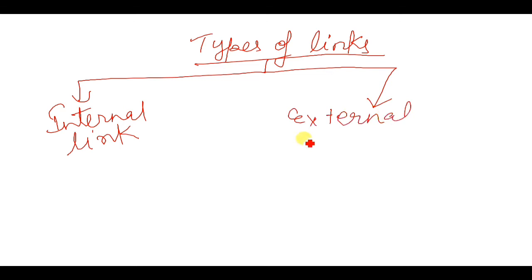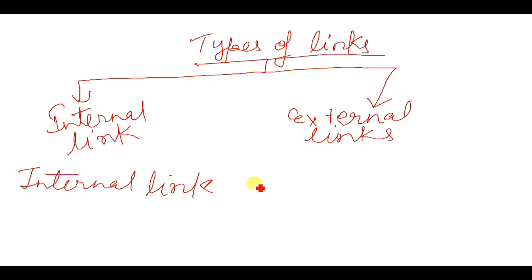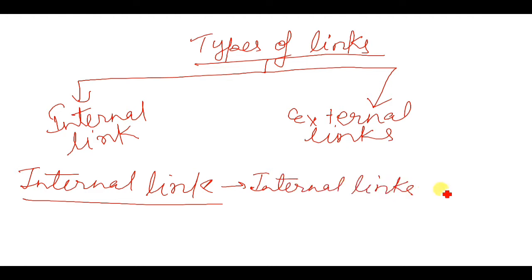Now student, what are the types of link? There are two types of links. One is internal link and second is external link. First we see what is an internal link. Internal links are links where, when we click upon them, we jump to another section of the same web page.